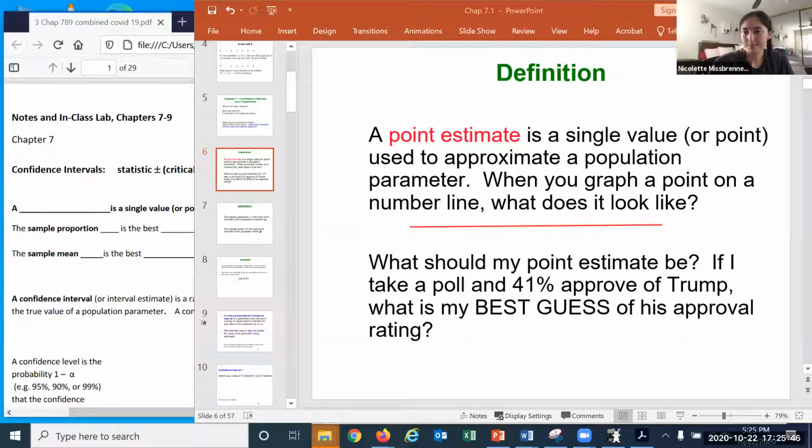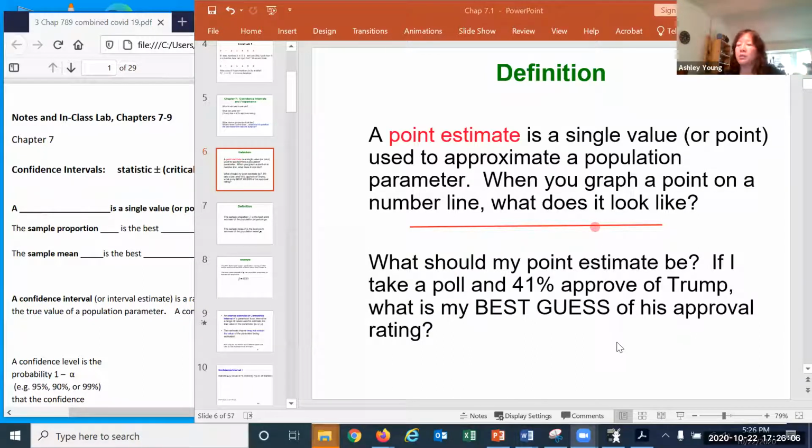It's a dot. Exactly. So it's one single number. That's a point estimate, one single point, one single number estimate.